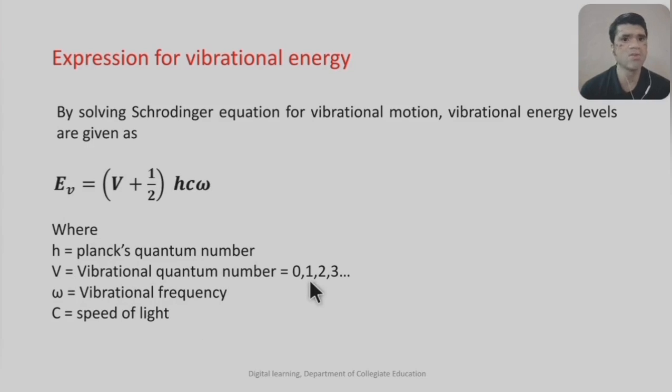It can have values 0, 1, 2, 3, and omega is the vibrational frequency, and c is the speed of light. So this is the energy of a vibrating diatomic molecule.